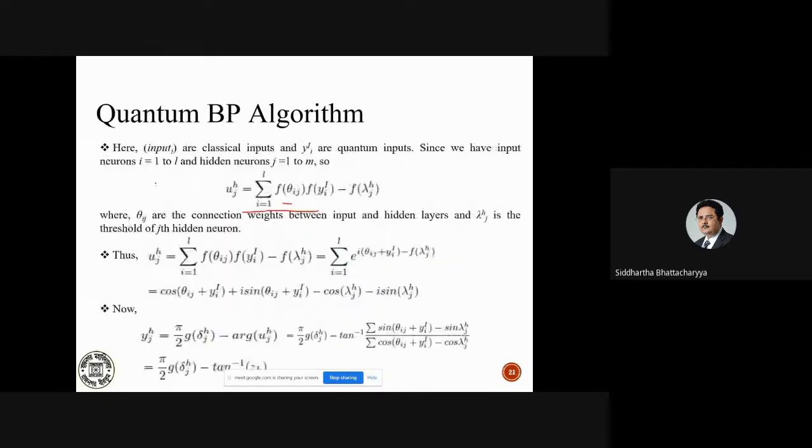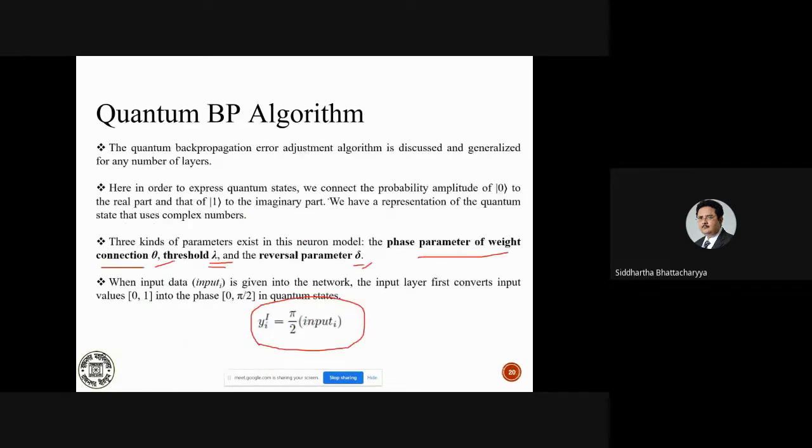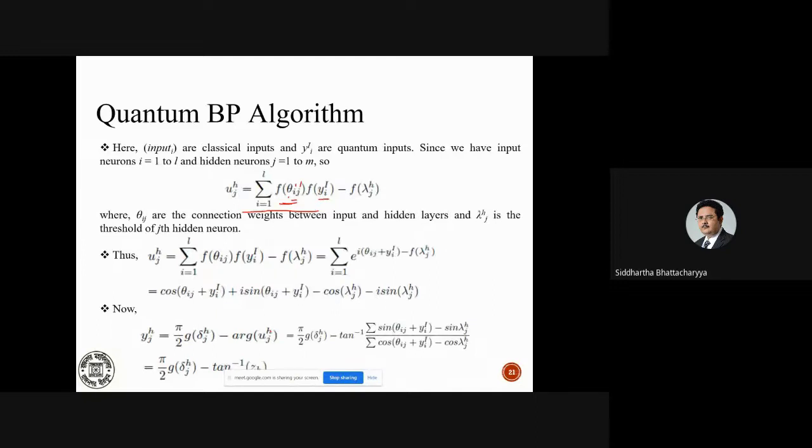Just for notational convenience, this is theta ij from the ith input layer to the jth hidden layer, the corresponding rotation angle. This can be represented as f(theta j), and this is the input coming from behind, also in functional form f(y). That is the rotation gate applied on the input, or the qubits actually.